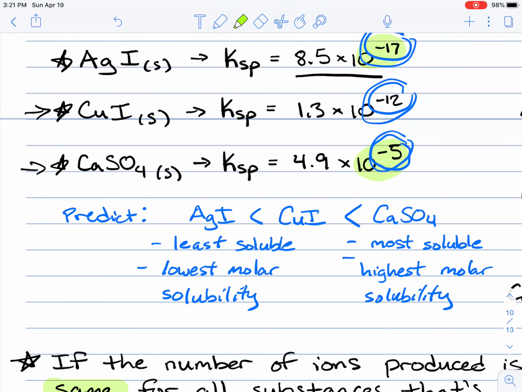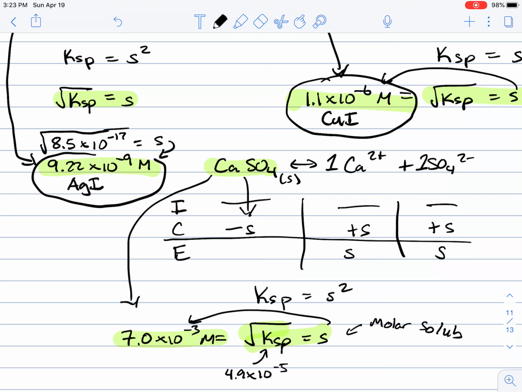So now that we have their actual values, all we need to do is just compare the magnitudes, since the magnitudes are all different. And so I'm going to zoom in just a little bit here so we can see it a little bit better. And so I'll go ahead and write here AgI and copper I. Okay, so that's copper 1 iodide, silver iodide, and then this is going to be calcium sulfate.